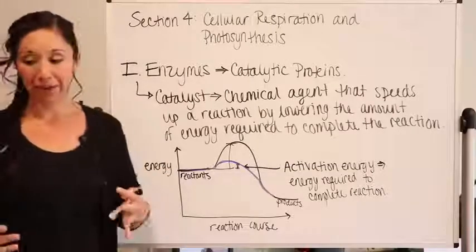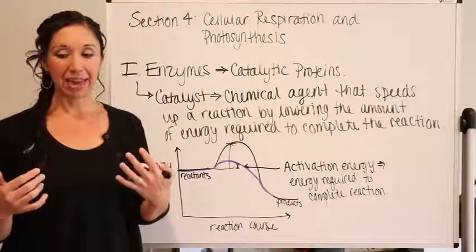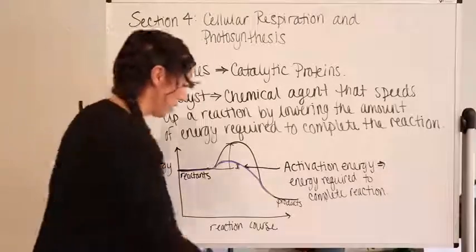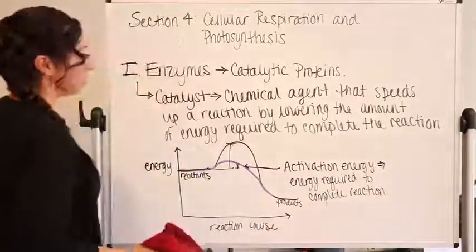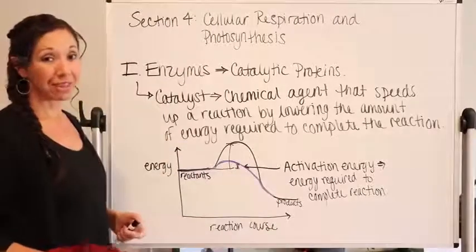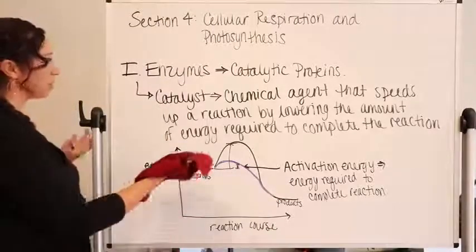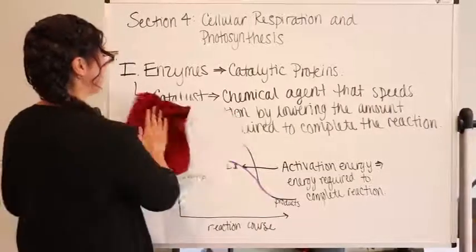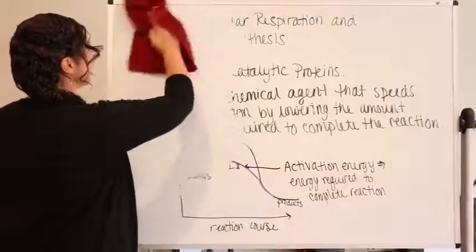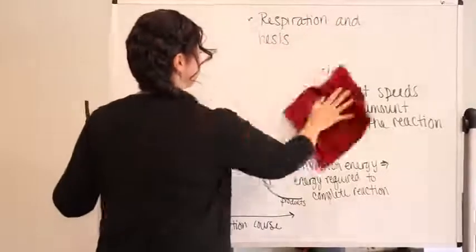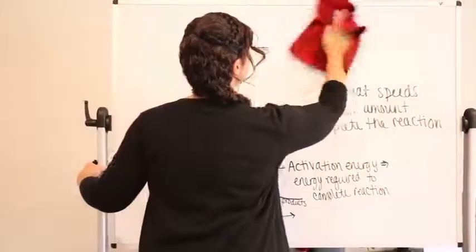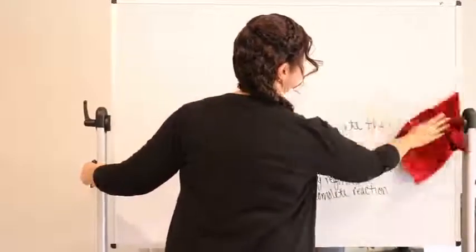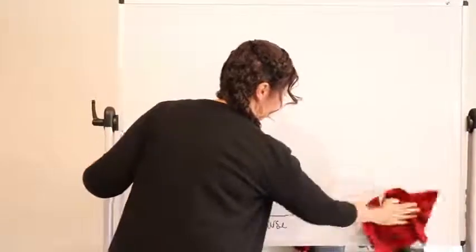Now let's talk about how they actually operate. The way they operate is a model we like to call the induced fit model. So here we go. This is going to be big letter A under enzymes. Now we're actually going to get into enzymes. So big letter A is the induced fit model. And this is where it gets very beautiful, in my opinion, in the biological world.